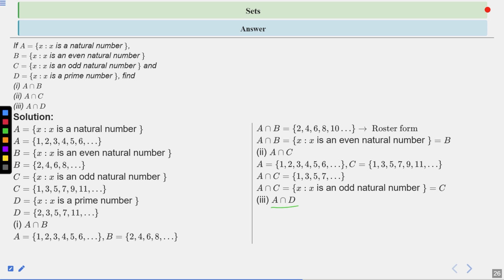Now A intersection D. A and D roster forms we have already concluded. Now the intersection is simply the subset which is D, the set of all prime numbers. Clear?